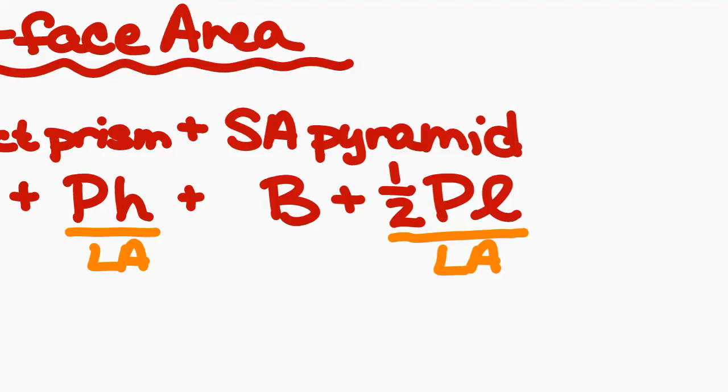The lateral area would be these walls around the bottom of the object and then those triangles on the pyramid. Do we need all of the bases? I've got 2 bases here and a 3rd base over here. Do I need all 3? How many bases are actually on the surface of this object? Just 1. Is it attached to the pyramid? Nope, so I'm going to get rid of that base.